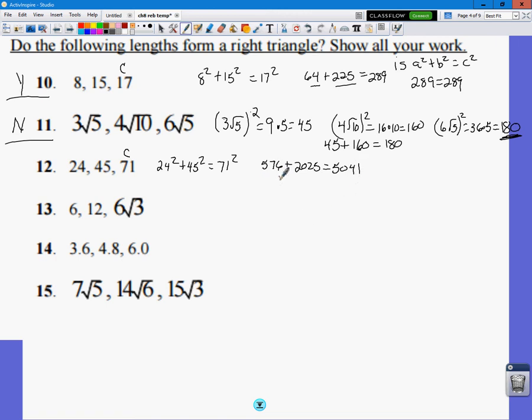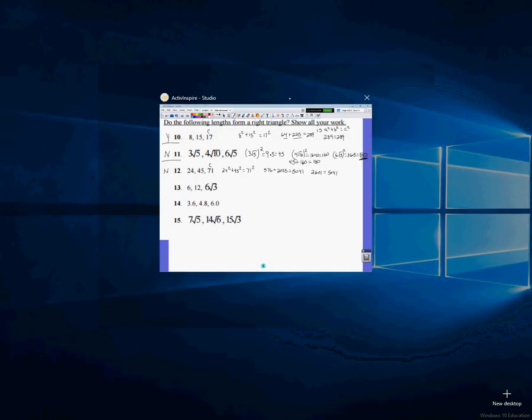If I try to add 576 and 2025, I get 2601, which is not equal to 5041. Not a right triangle.